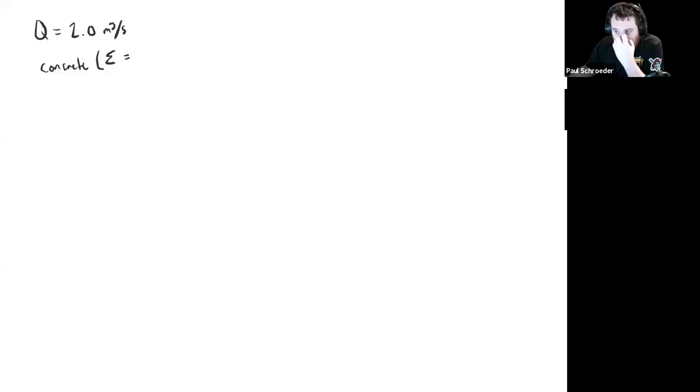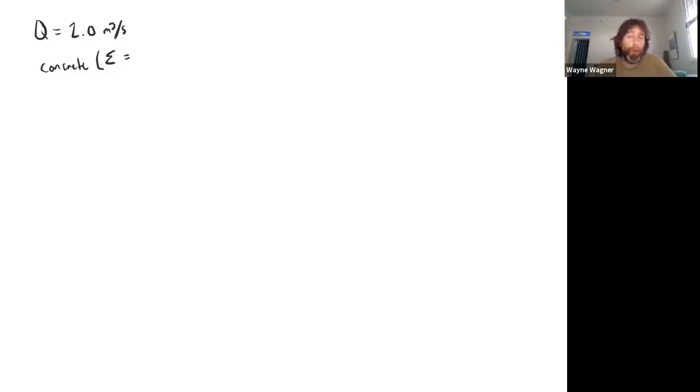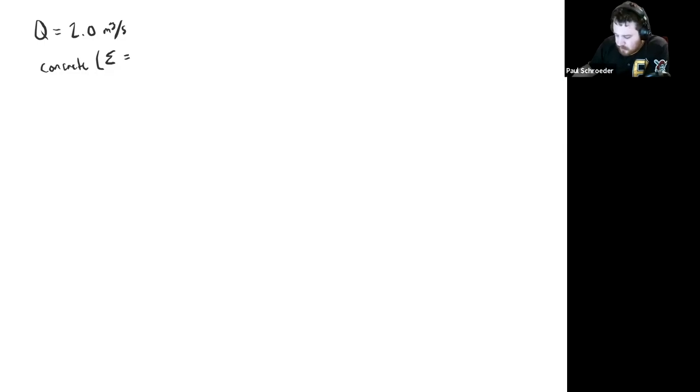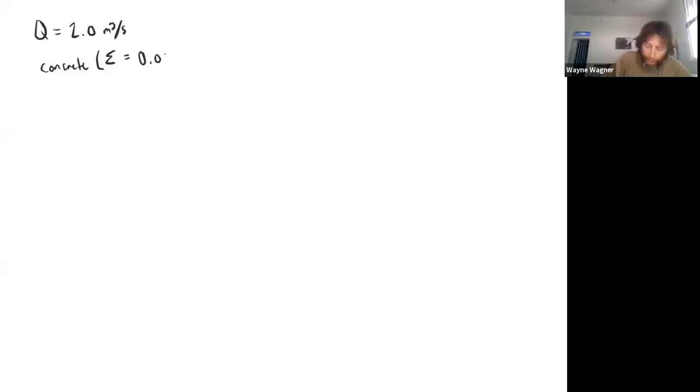And so that can be the annoying thing, is you have to make a decision. In this case, I would tell you to choose the one that just says concrete. What does it say for the roughness? 0.001 to 0.01 in feet.